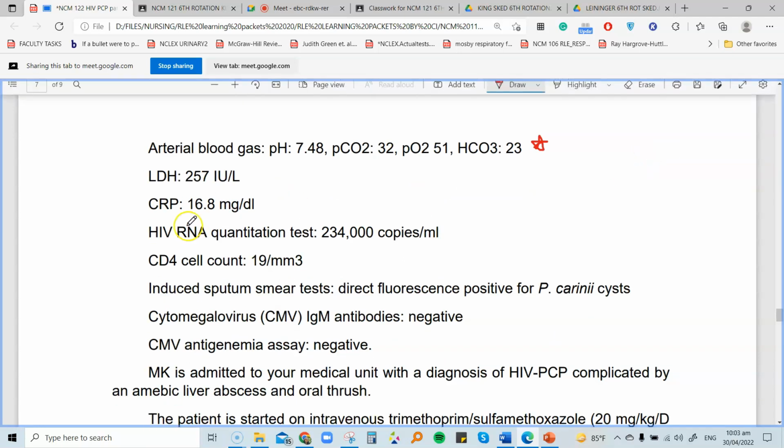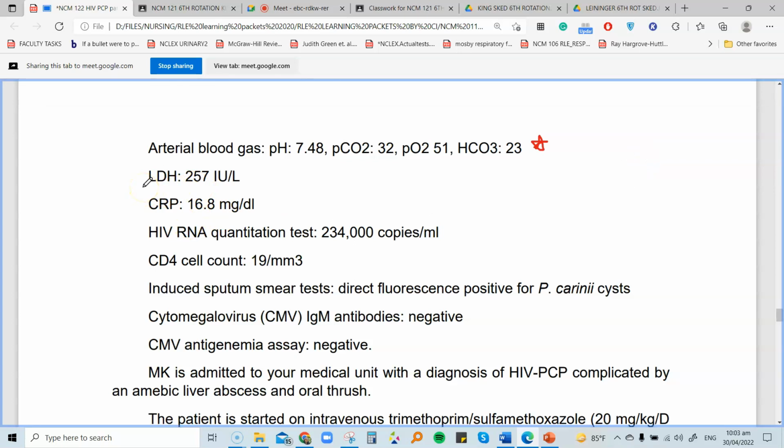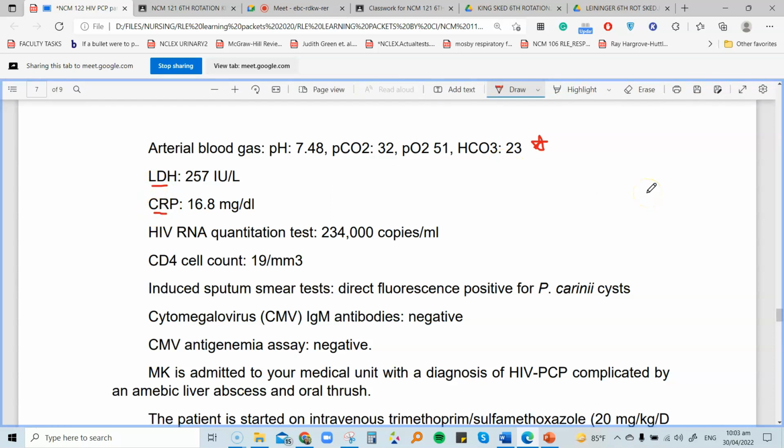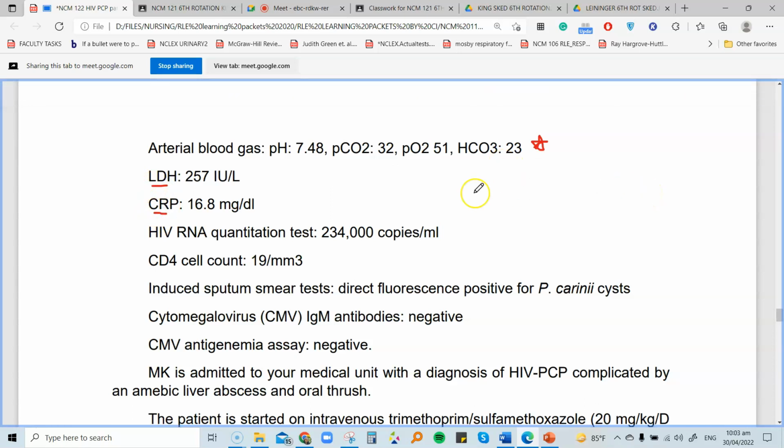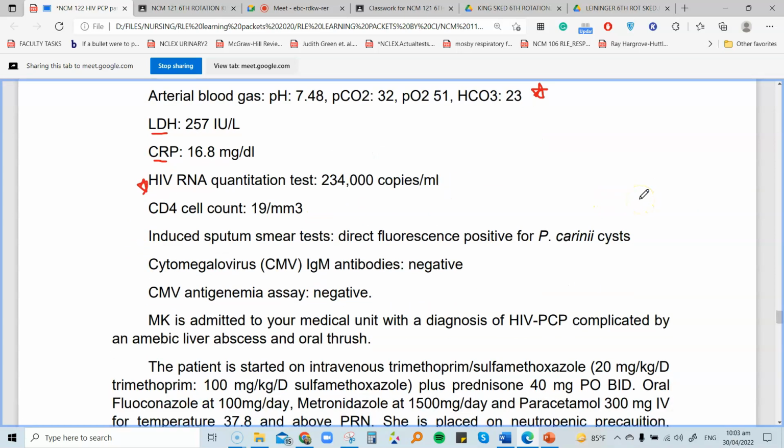Your LDH, your lactic dehydrogenase, is 257 international units per liter. You have a C-reactive protein of 16.8 milligram per deciliter. Ito, put a star on this one. HIV RNA quantitation test, 234,000 copies. Sobrang dami po niyan.